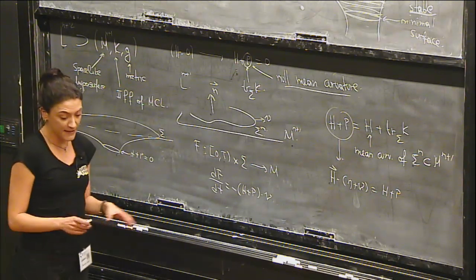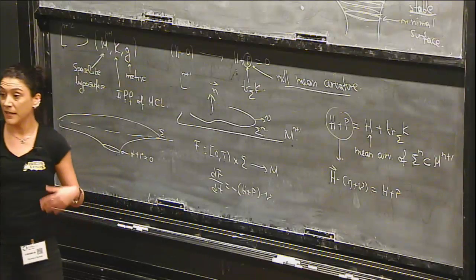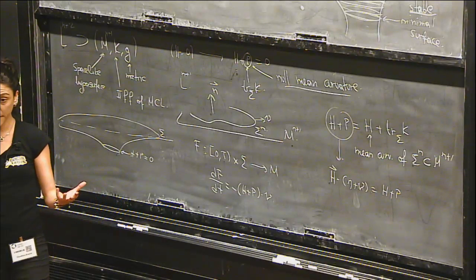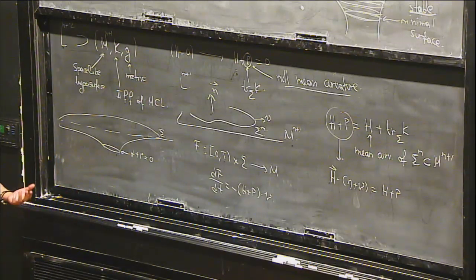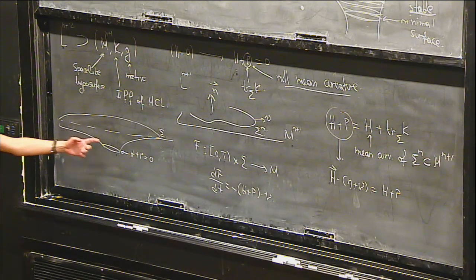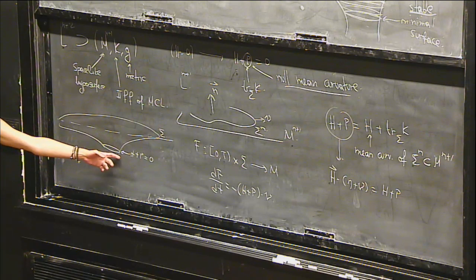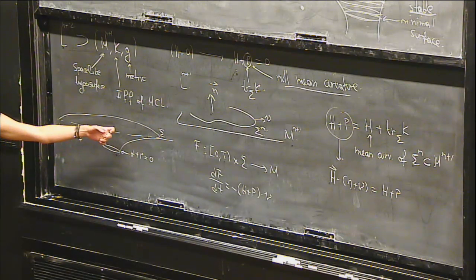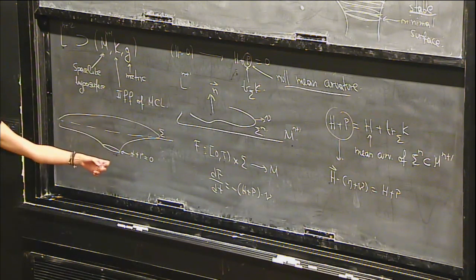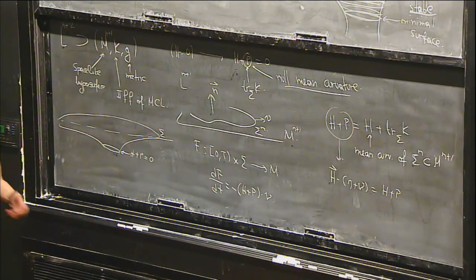This means that if I start with two surfaces that are disjoint, then they will stay disjoint for all time. Okay. This has the following consequence. If I have a minimal surface, or a MOTS in this case, then the flow will stop here. It cannot pass this guy. Okay, this is a result of the maximum principle.